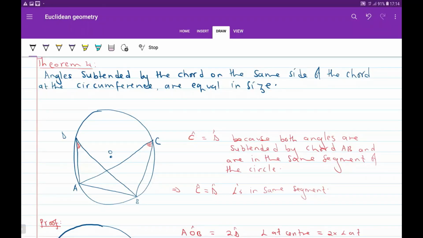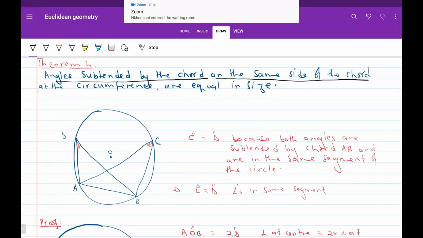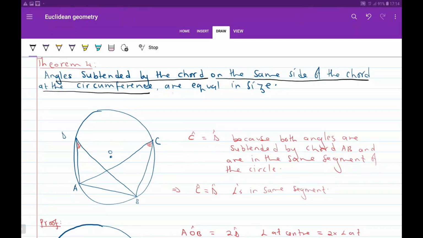It's about the angles subtended by the chord on the same side of the chord at the circumference. These angles are equal in size. Actually, theorem 4, this is the theorem of angles in the same segment.